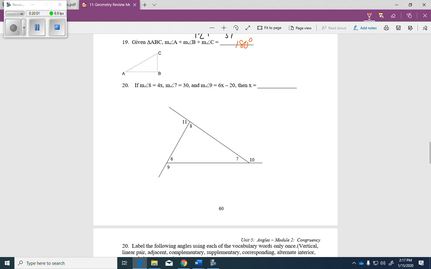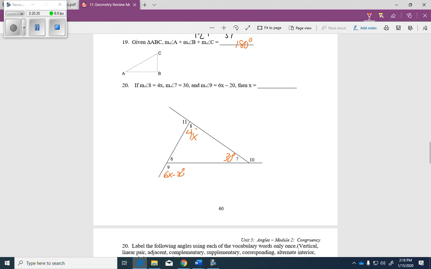Number 20, measure of angle 8 is 4x. Measure of angle 7 is 30. Measure of 9 is 6x minus 20. And they want to find x. So I really don't need angle 6, 11, or 10.